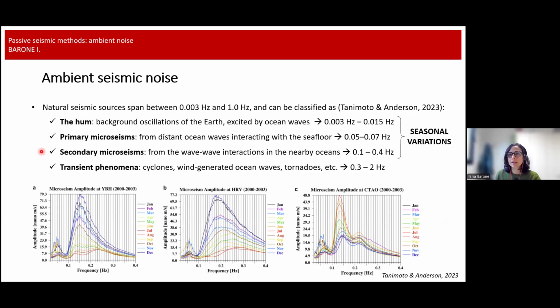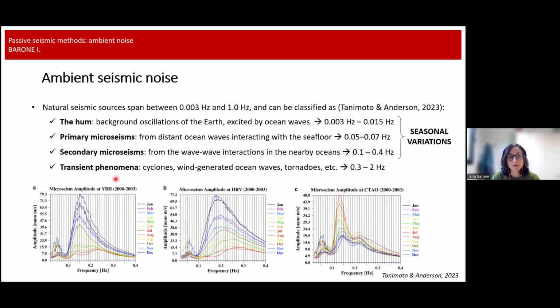It means that when we have different ocean waves traveling in different directions and they cross each other, we generate these secondary microseisms. The generation also happens in the nearby oceans, differently from the primary microseisms. This type of event spans over a wider frequency range, also higher frequency, from 0.1 to 0.4 Hertz.